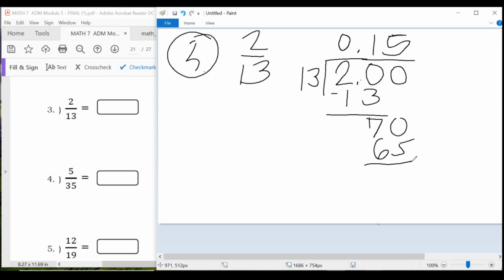So 65. 70 minus 65 is 5. Then add 0 again here, bring down 0. 50 divided by 13. So anong i-multiply natin kay 13? 3. 3 times 3, that is 9. 3 times 1 is 3, 39. 50 minus 39 is 11.